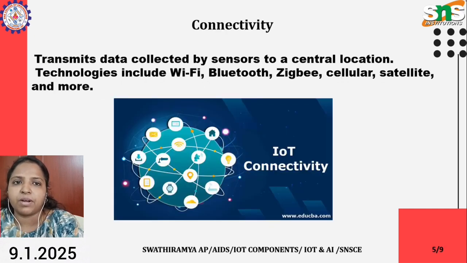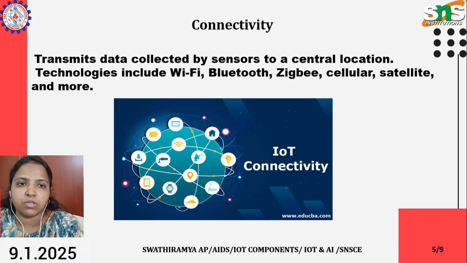Next component will be connectivity. You collect all the data using some kind of devices, and this data has to be transferred from one device to the other. For example, you collect the temperature of the room using a thermostat sensor, and this data has to be transferred to the cloud for further processing. So you need connectivity to transfer this data from the device to the cloud.